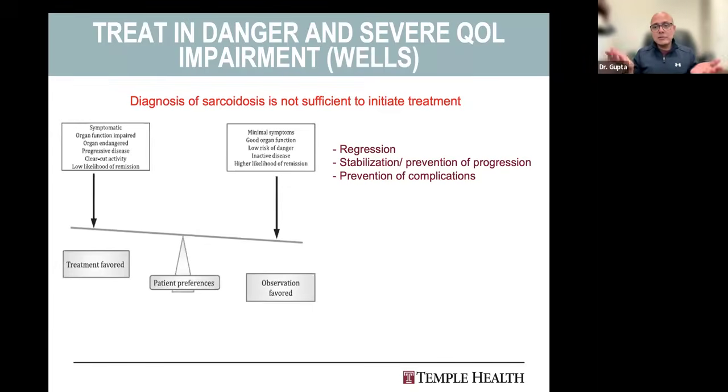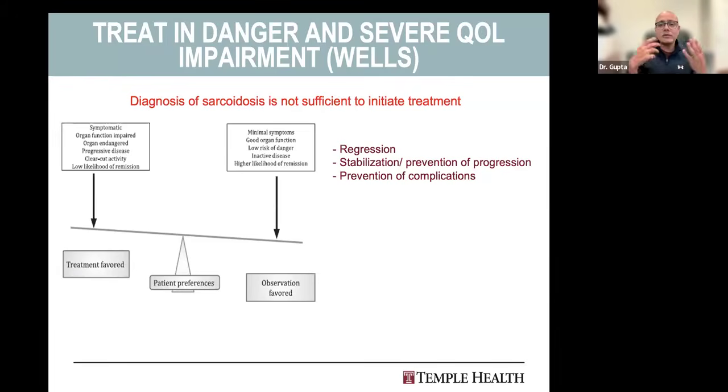So in some patients you favor treatment, some patients you favor monitoring, and that's a very patient-centric decision. Shared decision making is important in that. And what things we take into consideration are if the patients are very symptomatic, if their organ function is impaired enough, or if we feel that the organ or the life is in danger.